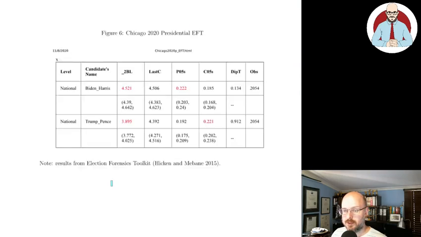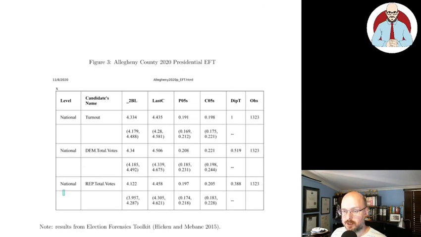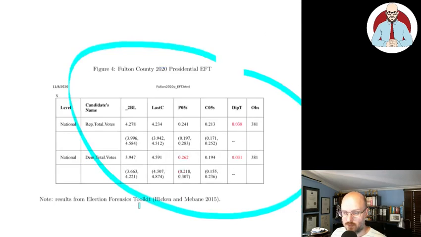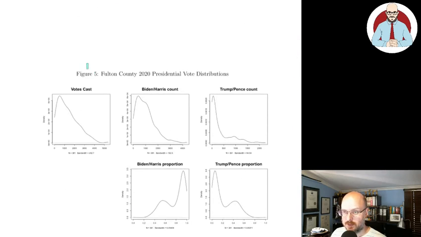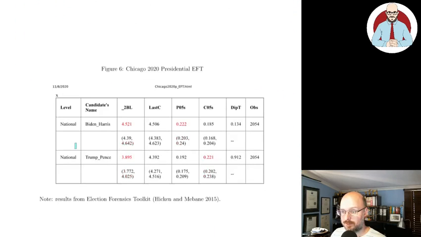So what does he have here? Let's have a look at this, the data he's bringing up. So you've got the turnout, the Dems, the Republicans. Where's the voter density? Votes cast, Biden, Harris, Trump, Pence. So it does seem to make sense with the vote distribution, doesn't it?